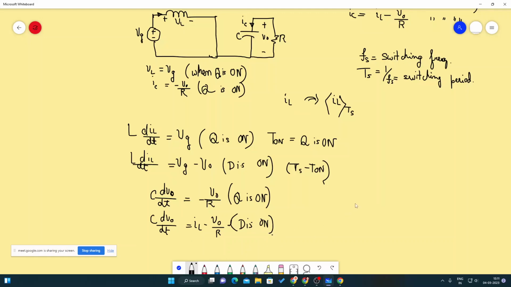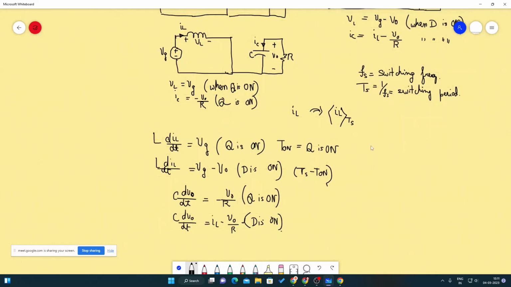Now if we consider the average, so let's take the average now.